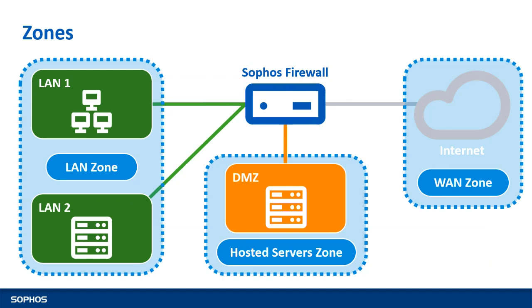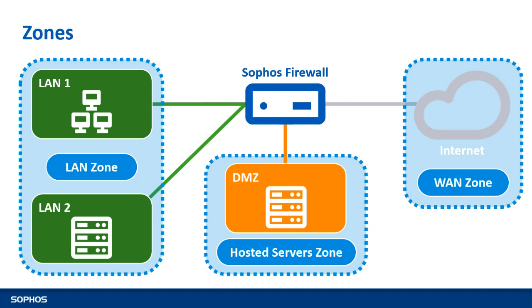So we will start by looking at the zones. Sophos Firewall is a zone-based firewall, and it's important to understand what a zone is before you proceed to view interfaces and routing. When we talk about zones in Sophos Firewall, we mean a logical group of networks where traffic originates or is intended.